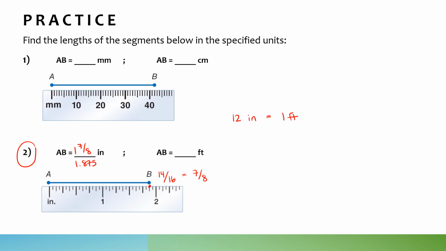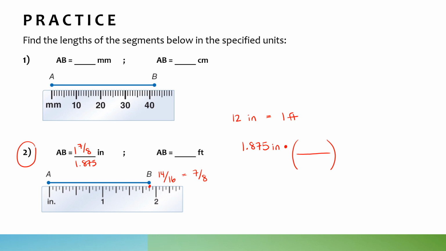Okay, so to convert between inches and feet, we're going to use this conversion rate. Now I'm going to show you a process here that looks like some multiplication. It's called dimensional analysis. This can be really helpful as we get into more complicated conversions. What I'm going to do is take my initial measurement in inches, in decimal form, and multiply by a conversion rate. So this looks like a ratio with a numerator and a denominator.